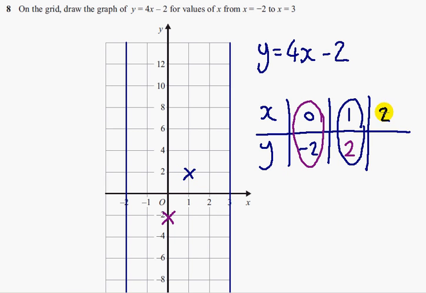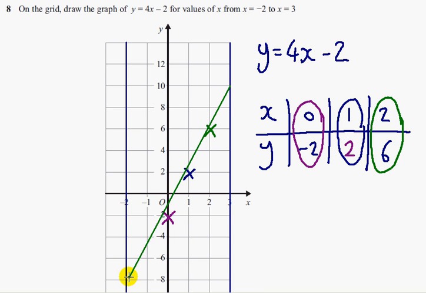When x is 2, 2 times 4 is 8, minus 2 is 6. And that will give us a straight line. 2, 6 is here. So, you get your ruler and you draw your straight line. Oops. And do that again.